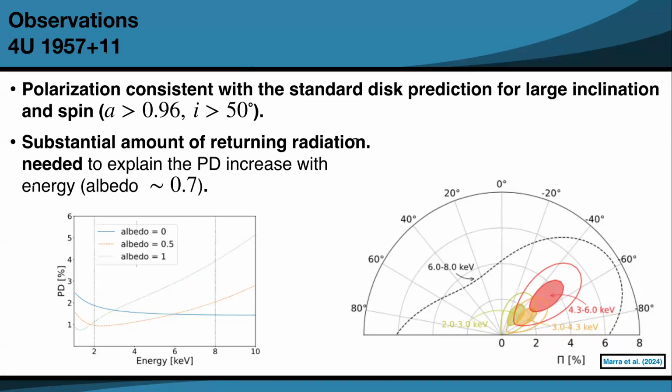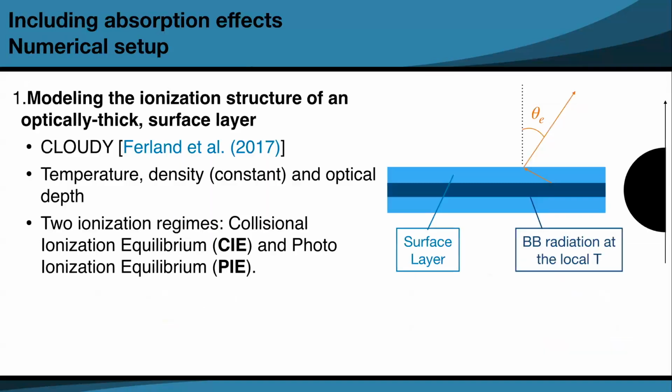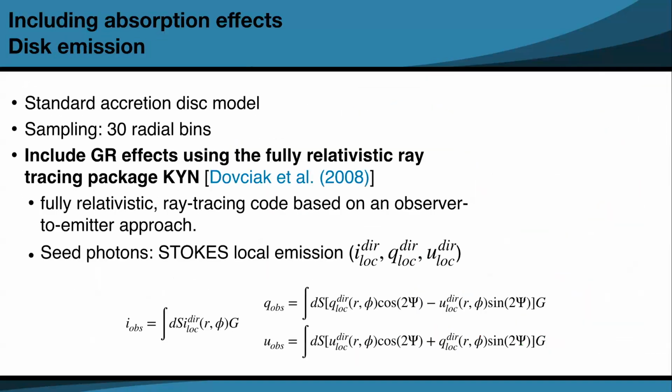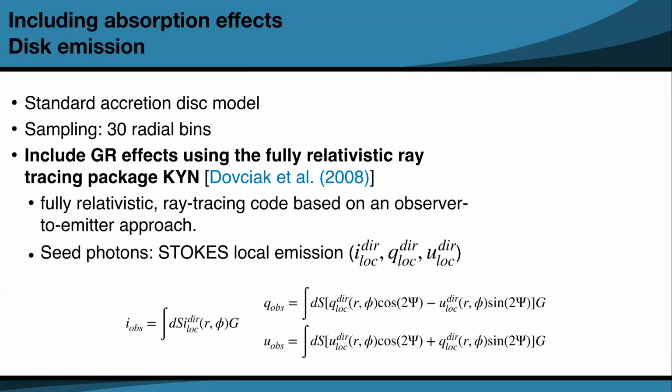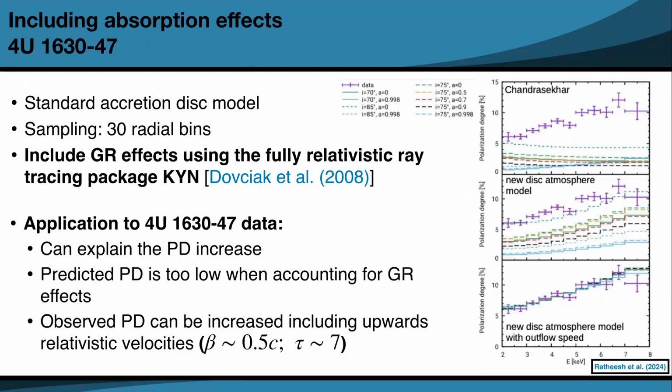Actually, the prediction from this model, and also from the standard model, is that the direct radiation is expected to have a polarization vector directed perpendicularly to the symmetry axis, while the returning radiation, because of the last scattering, is expected to have a polarization vector parallel to the symmetry axis.